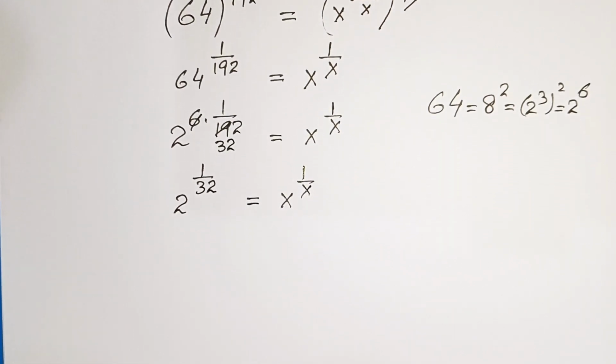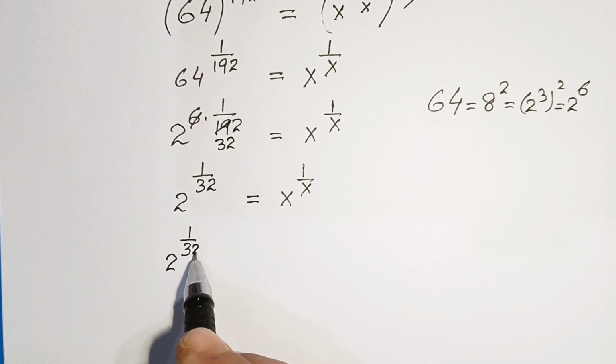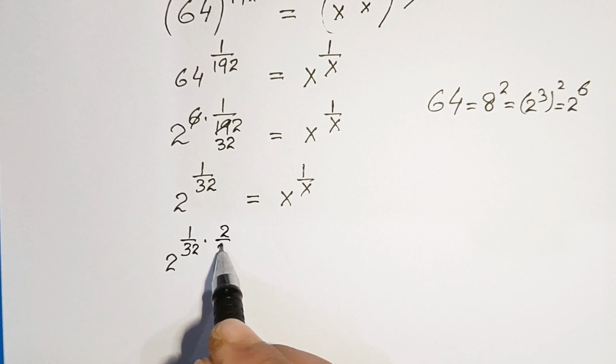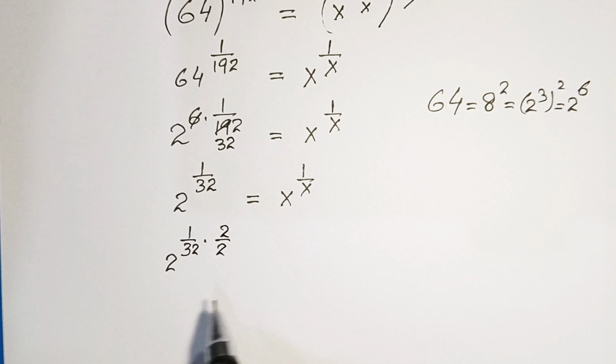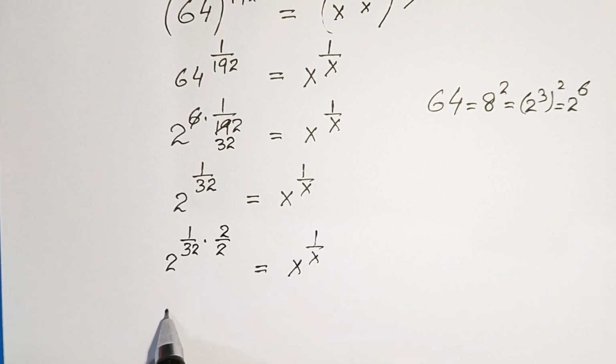Now here, if we just multiply and divide the exponent by 2 on our left hand side, then we have x to the power 1 over x on the right. Here we see that 2 to the power, if we multiply 2 times 1 is 2, and 32 times 2 is 64, so here we have 2 over 64, which is equal to x to the power 1 over x.